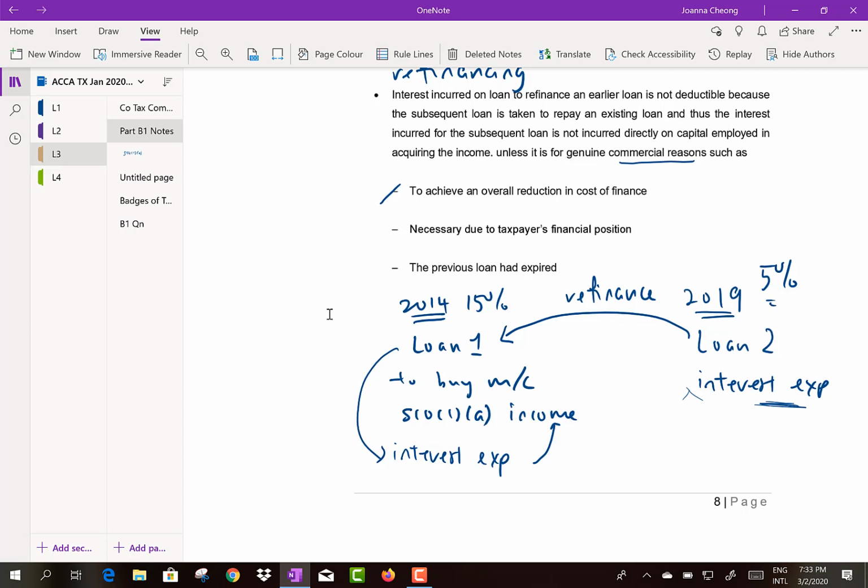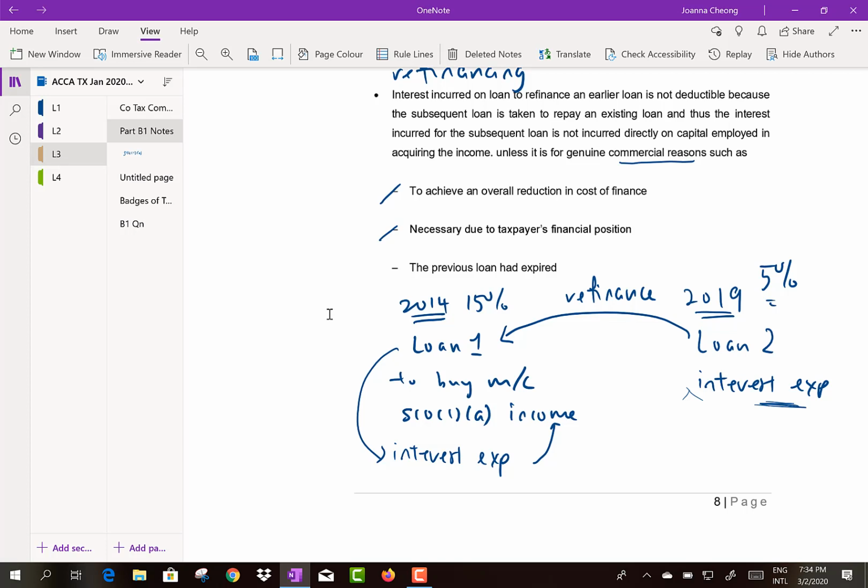Or it is necessary due to the taxpayer's financial position. Maybe the business is having a financial problem, they cannot pay off the loan. So even if the bank sues them, it is no use because the company cannot pay. So because of that, probably the bank proposes another longer loan to refinance the first loan.